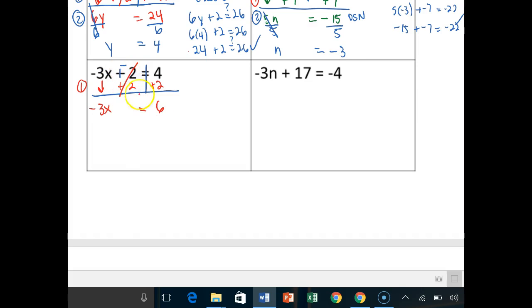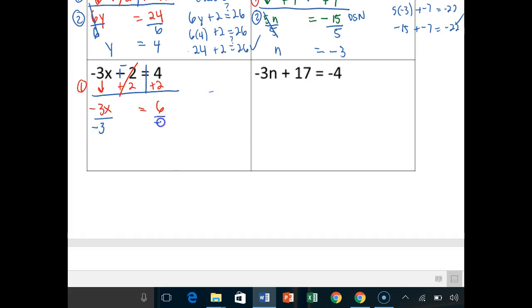The reason why I can cross this off, and basically it becomes isolating this variable on this side, is because that became 0, right? Now, step 2 will be saying, okay, I have a negative 3. Here's the key thing that you need to remember. Here, because I see negative 2, I need to add positive 2 because it's 0. Here, because I want x by itself, I don't divide by the opposite, I divide by exactly what is there.